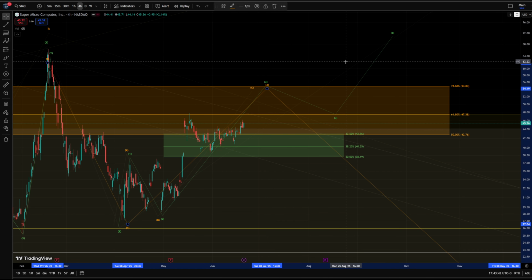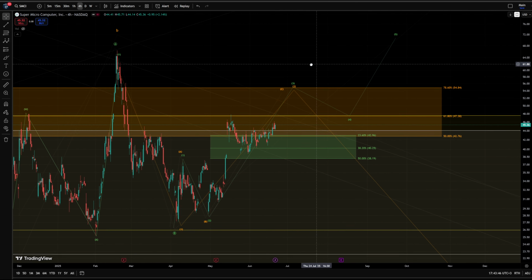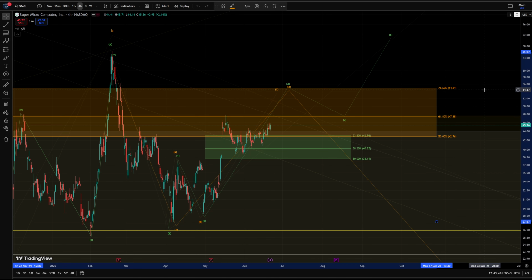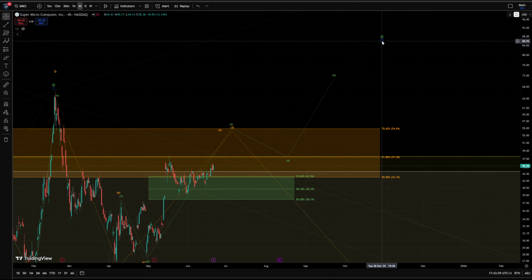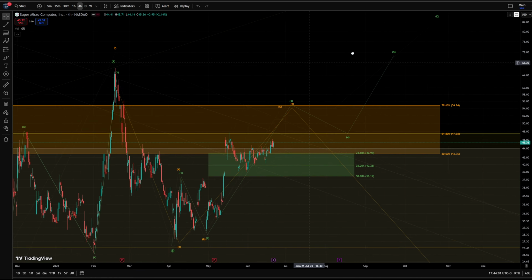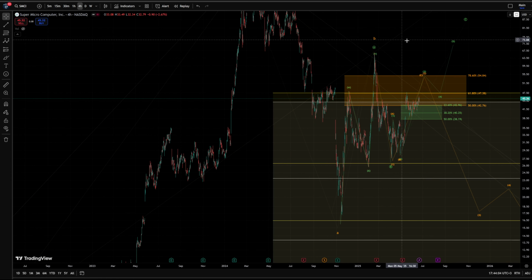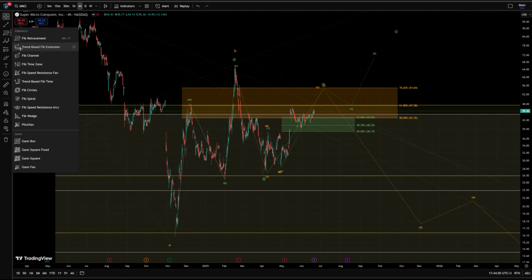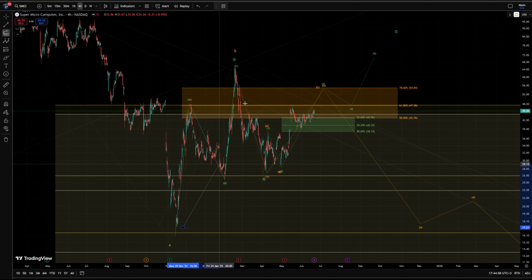So what can we do to help ourselves? Well, the best things that we can track are the orange resistance zone, which is up to $55, and the green support zone, which is down to $38. If we break above the $55, we are likely going to form this C wave, which should take us to, let me give you a level here, an ideal target.